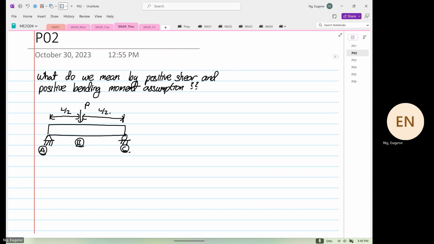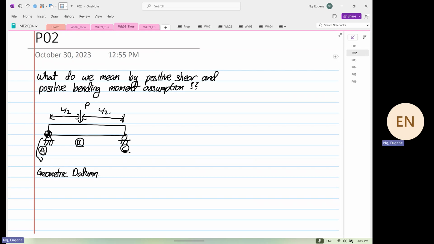Now, always remember your datum is on your left. Can anyone answer me why the geometric datum is always on the left-hand side, not on the right-hand side?